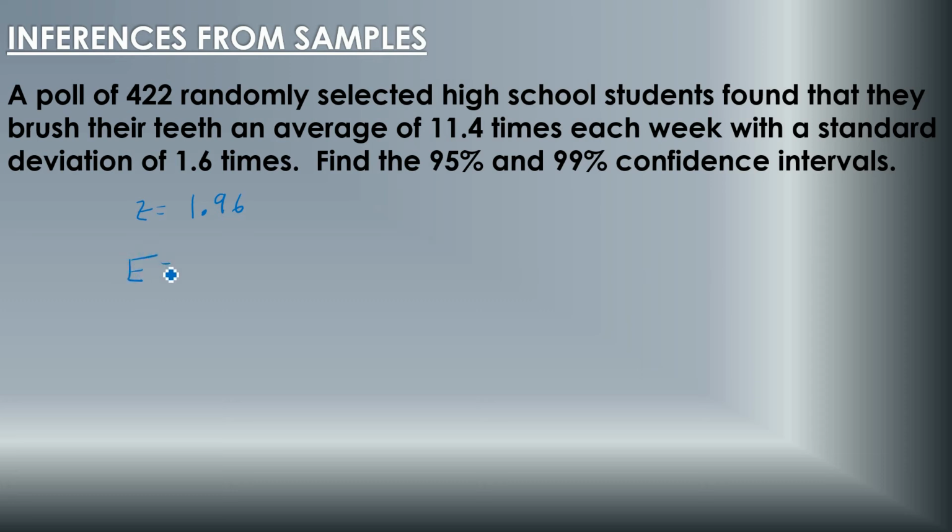So to get my maximum error, I'm going to do 1.96 times my standard deviation 1.6, and I'm going to divide by the square root of 422. So I'm going to put that formula right up here. So that was ZS over root N gives us our maximum error. So I'm going to type that in real quick.